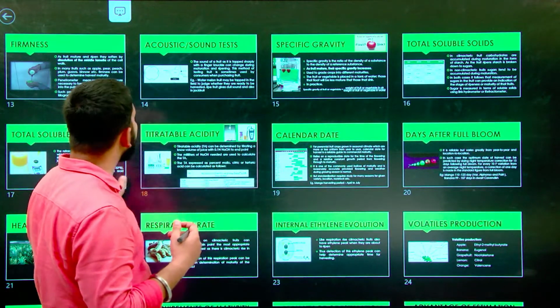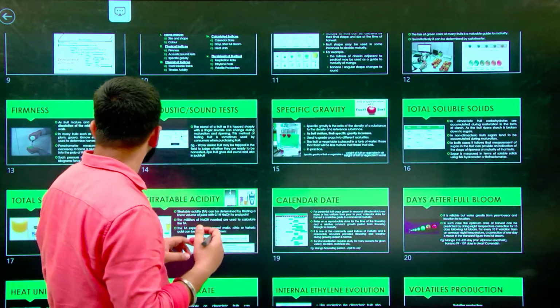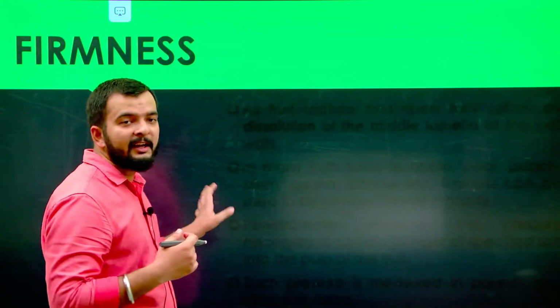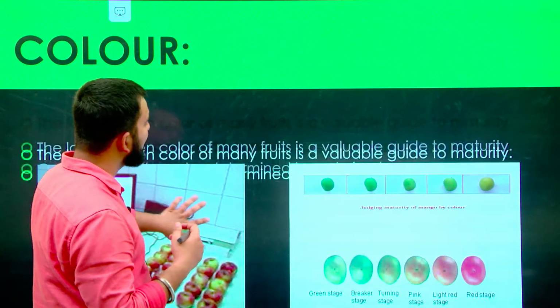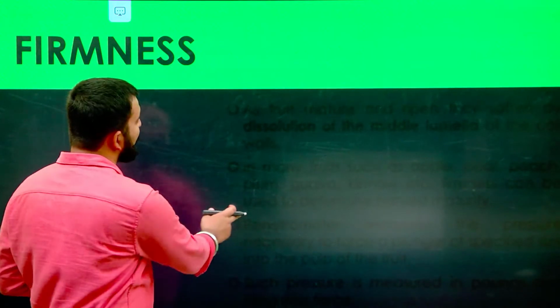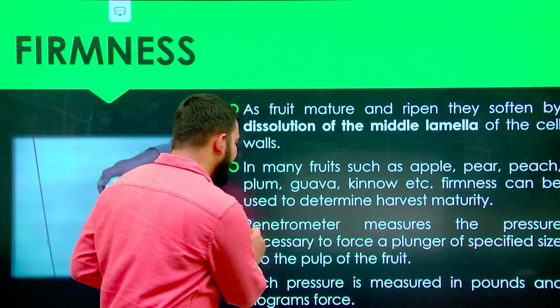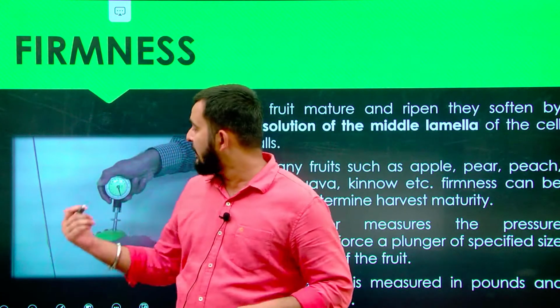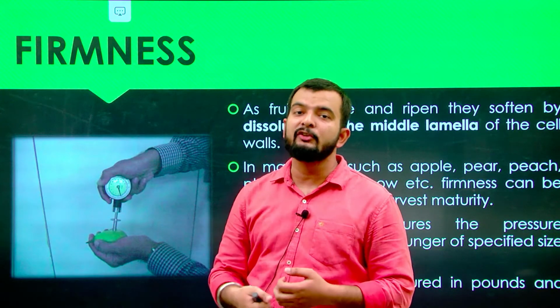Again, you can see here, your firmness test is there. In case of firmness test, again you are using an instrument for puncturing through the fruit. So you are using a penetrometer for puncturing through the fruit tissue, and then you are determining how much pressure was required for puncturing through the tissue.